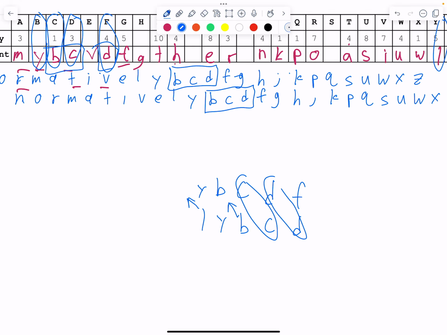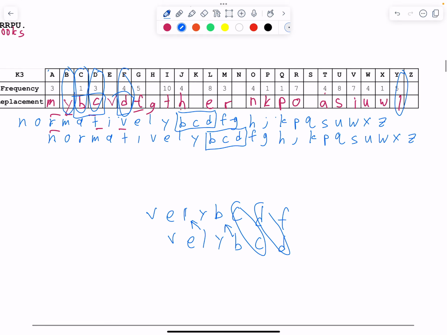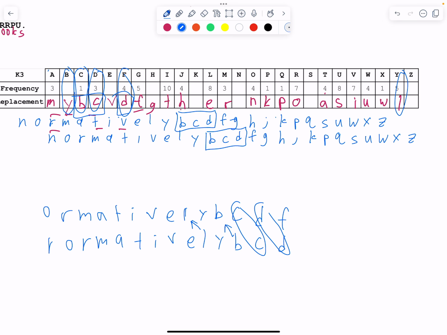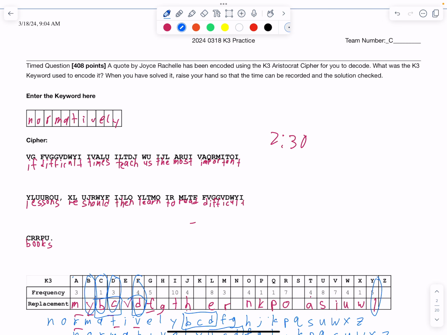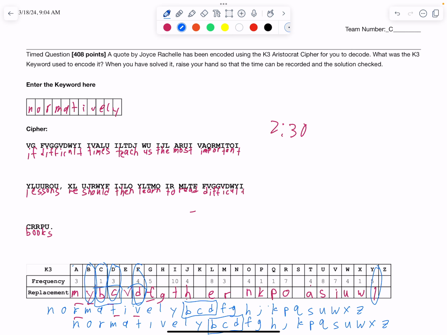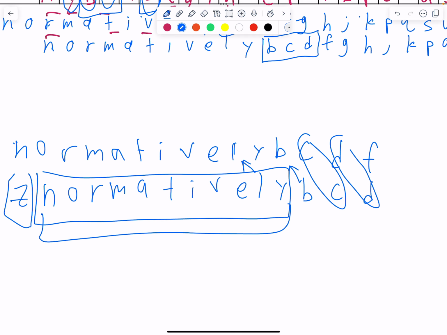L. You shift it up here: L decodes to E, decodes to V, decodes to I, decodes to T, decodes to A, decodes to M, decodes to R, decodes to O, decodes to N, decodes to, we don't know. But we can see the keyword is "normatively." Usually they'll tell you how long the keyword is, so you know when to stop, or whenever you hit the Z.